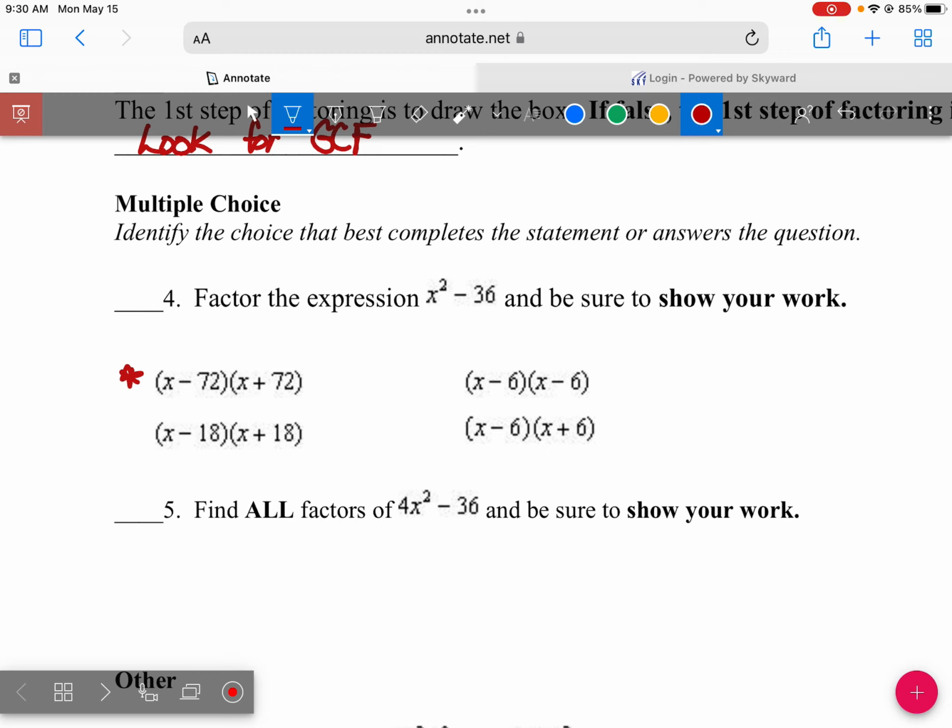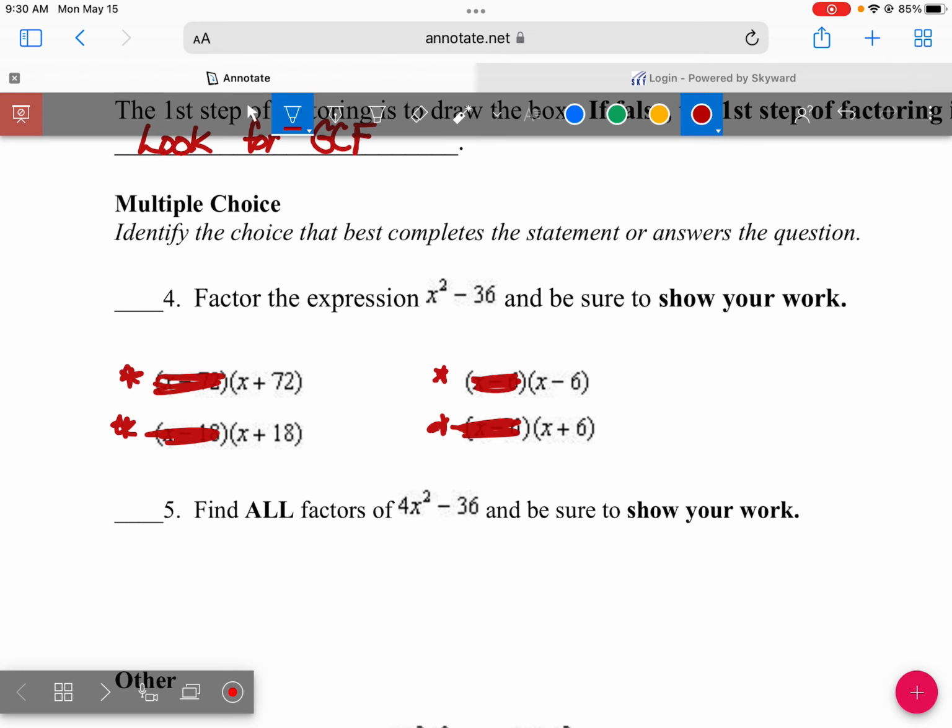What's in the next one below it? 1 times x plus 18. Okay, and over here? Parentheses not on here, but it's just x minus 6. Okay, and right here it's probably x plus 6? Yeah. Okay. Well, we took them off and we just said we wanted to see your work.